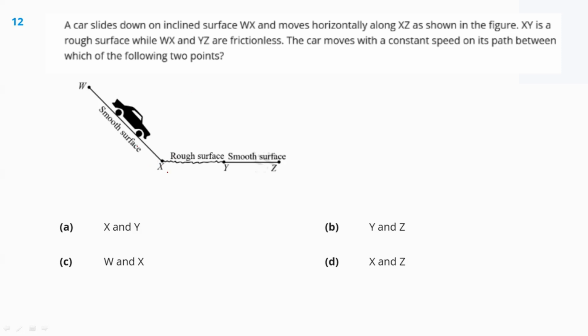So between X and Y the speed will slow down, and again from Y to Z the speed will come back to its normal one. In which positions will the speed remain constant with no change? On the smoother surface, that is between Y and Z. Option number B is our correct answer for this question.